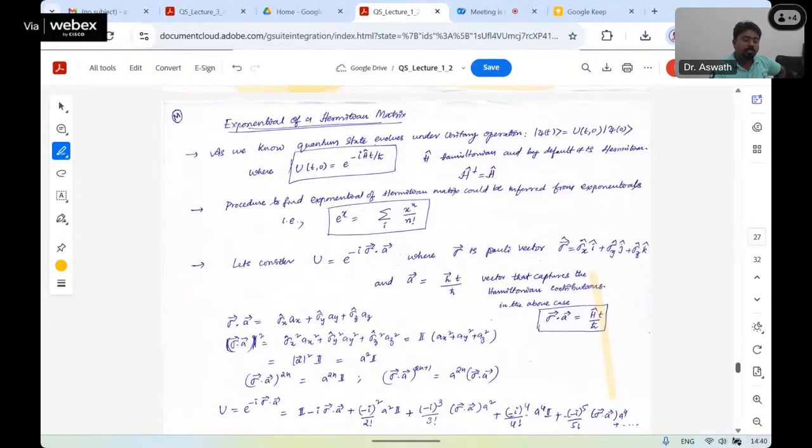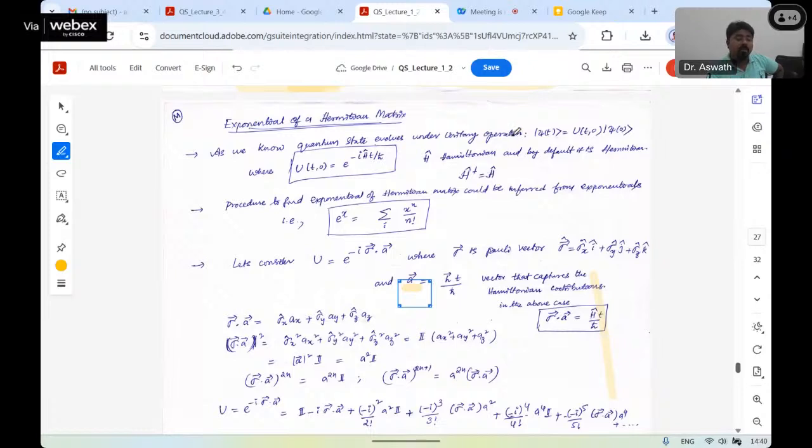Now, simply, exponential of x means what? It's a summation over n of x to the power of n divided by n factorial. For me, the unitary operator would be exponential of minus i sigma dot a, where a is just an energy vector. For example, in the case of electromagnetic fields, there is an energy vector.